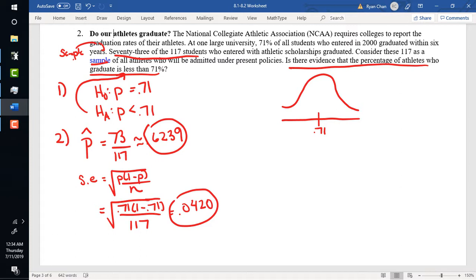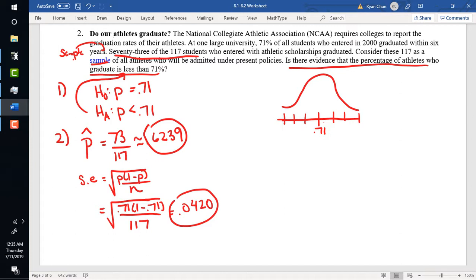And I notice I have my P hat, so my sample gives me 0.6239. And if I subtract, okay, I'm not going to do this all the way. You guys should know this. Remember, you're adding and subtracting 0.0420, because that's your standard error, okay?